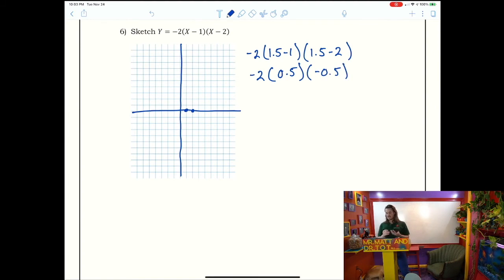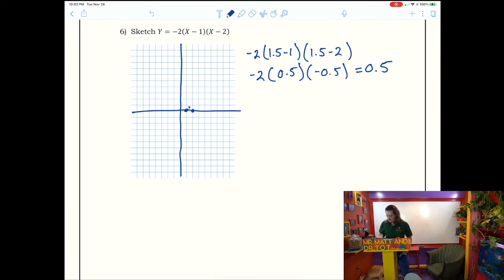That's going to give us a -0.25, which should give us 0.5 overall. But let me just check that. 0.5 times -0.5 times -2. Yeah, we get 1/2. So at x is equal to 1.5, y is equal to 1/2.